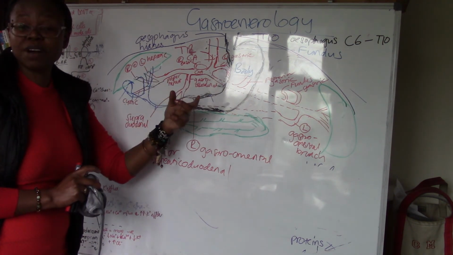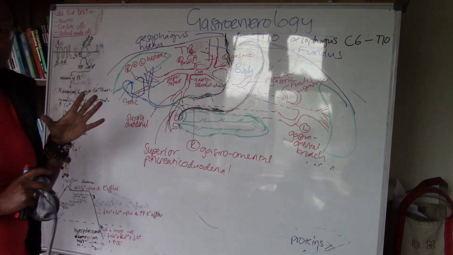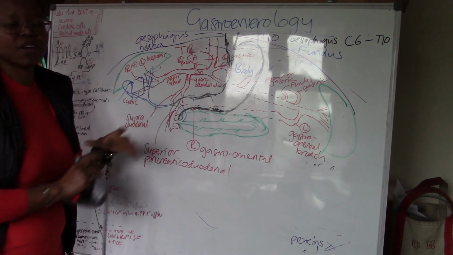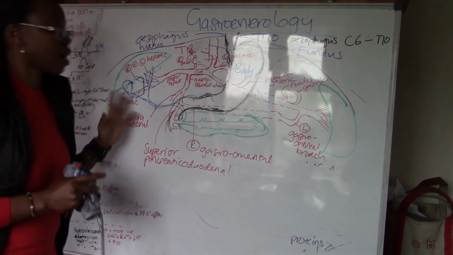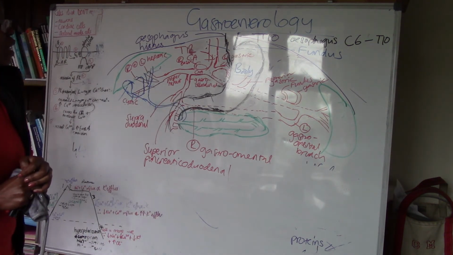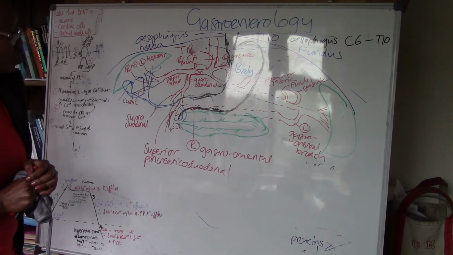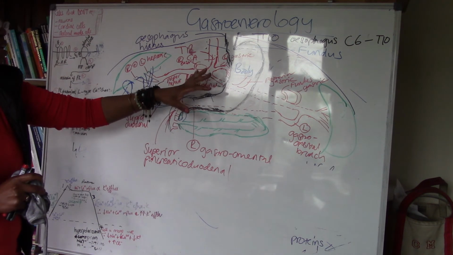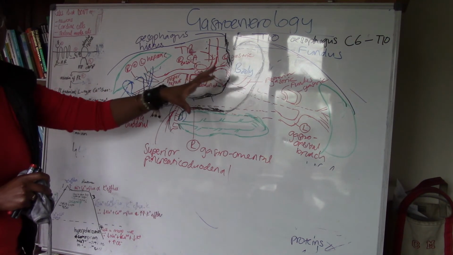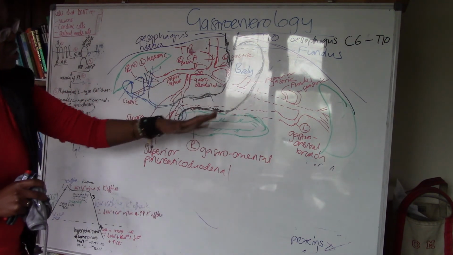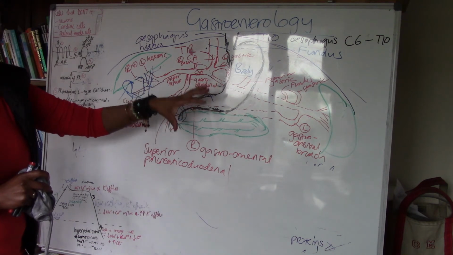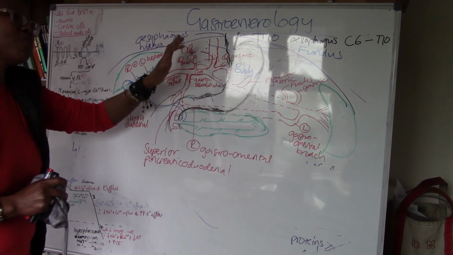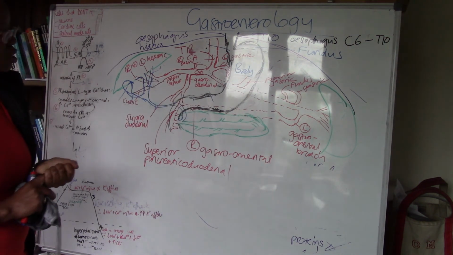That epiploic foramen is the only entrance in the body to the lesser sac, the greater sac being the abdominal cavity itself. I've also very quickly shown the celiac axis and the main branches that it gives to the abdominal organs of the foregut.